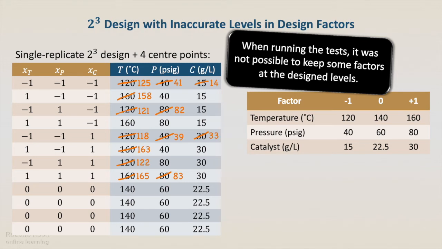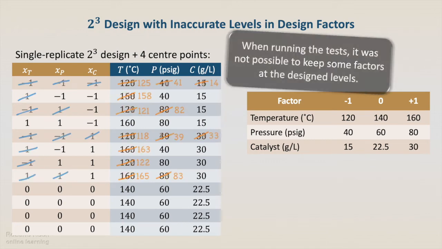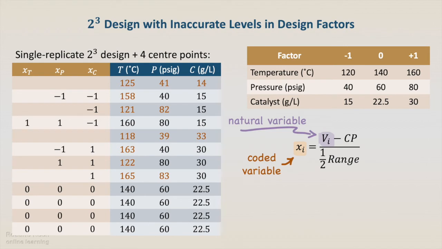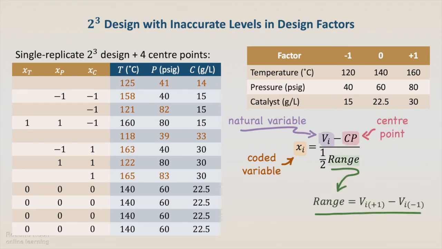The first step now is to correct the levels of the coded variables to match the natural ones. We need to use the relationship between them. The coded variable x_i equals the natural variable v_i minus the center point, divided by half the natural variable's range.